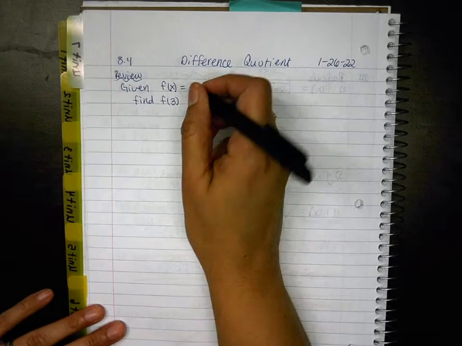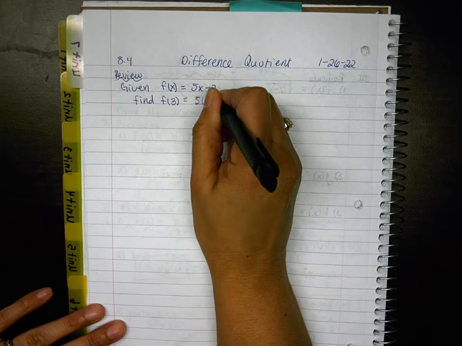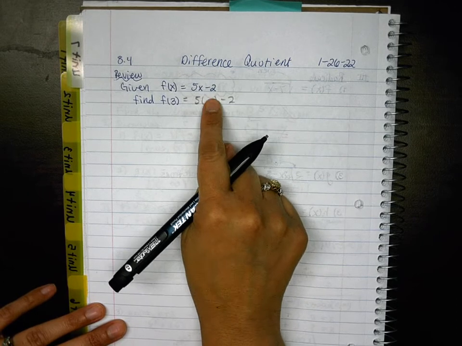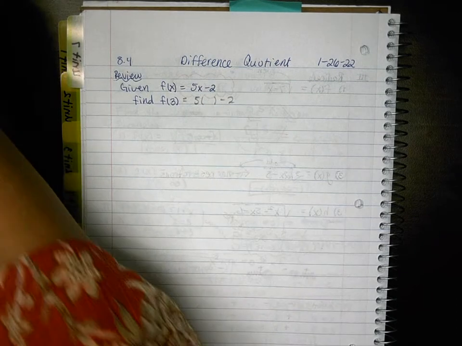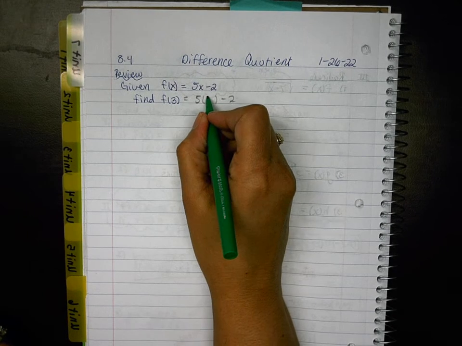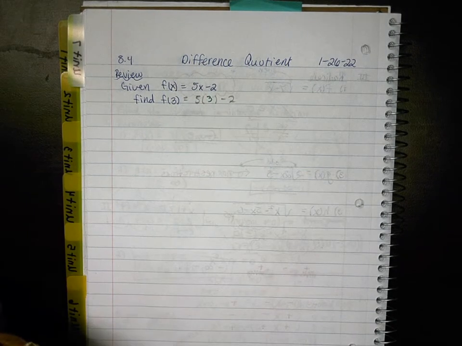So we're going to take 5, and we're going to write it 5 blank minus 2. I call this the skeleton form. 5 blank minus 2. And then I plug in what they're telling us, the 3.